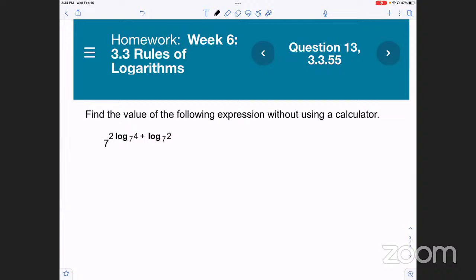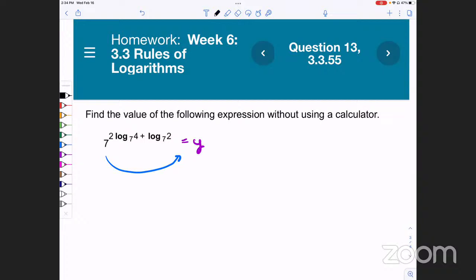With something like this, let's start by setting it equal to y. Then we're going to rewrite this exponential as a log. When we rewrite it as a log, the 7, the base of the exponent, swings to the other side and becomes the base of our log.